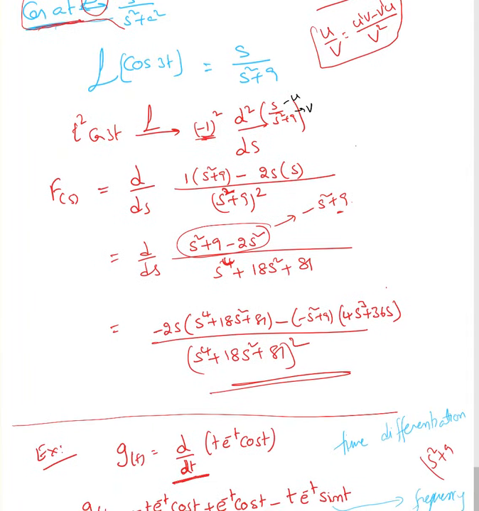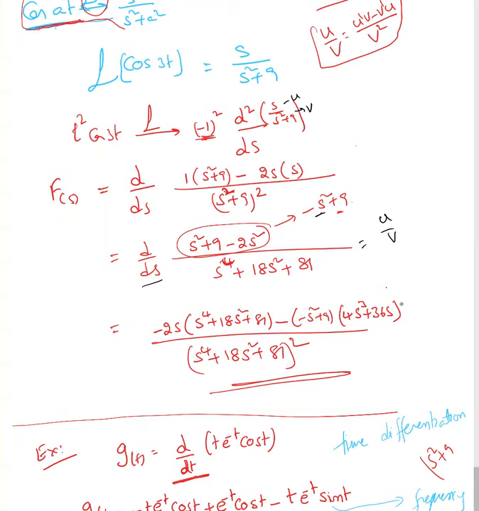Now we have to do one more differentiation. Again it's going to be the u by v formula. v square in the denominator is s to the power of 4 plus 18s square plus 81 whole square. u prime is minus s square, which is minus 2s, and v is the same, minus v prime, which you will end up with 4s cube plus 36s.